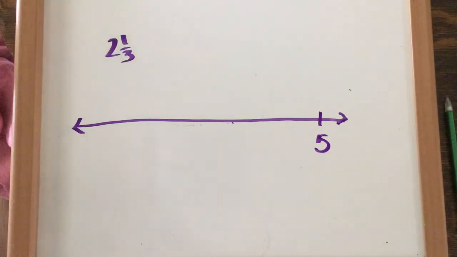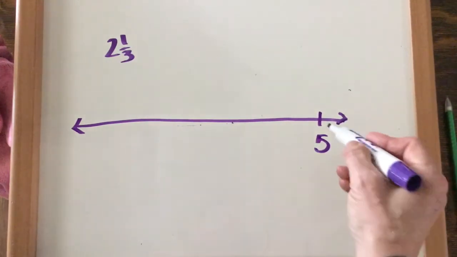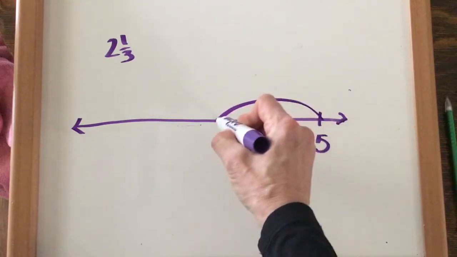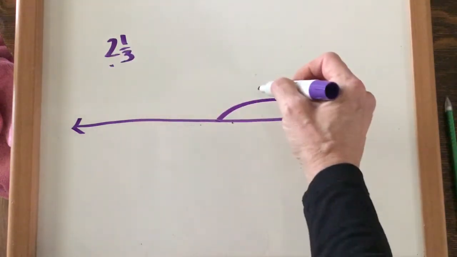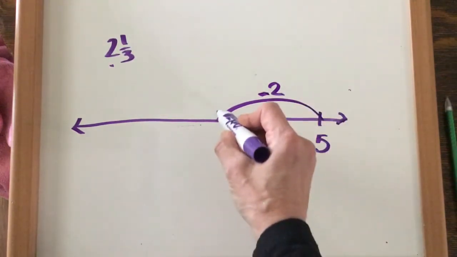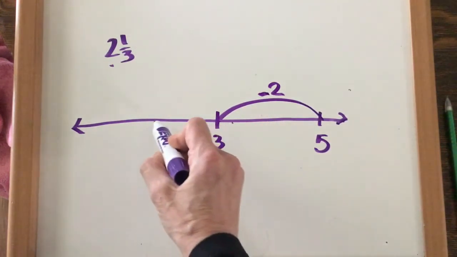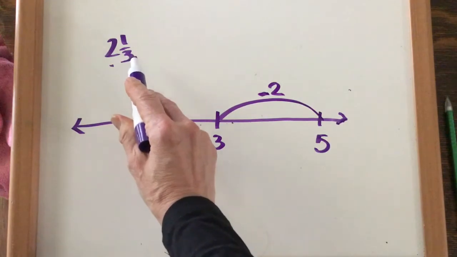I already know how to subtract whole numbers using a number line, so I can simplify this by showing that 5 take away 2 gets me to 3. I also know that I have to subtract this fractional chunk.